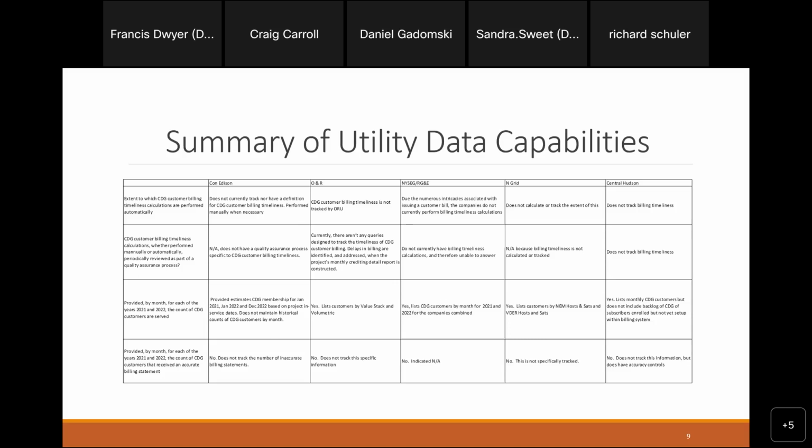This was kind of tricky because the way we asked it was, to what extent are things being done automatically versus manually, and some of the utilities don't track that specifically, and as you'll see further on, some of the utilities have trouble tracking timeliness specifically, whether it be manually or automatically.